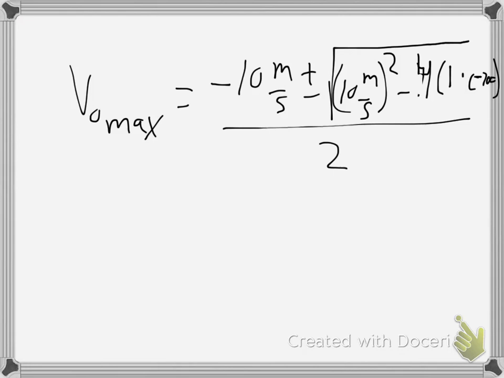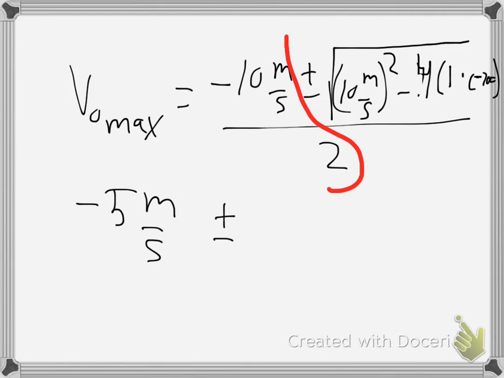Okay, so let's clean up. I can just say minus 5 meters per second, plus or minus, and then let's look at this radical. 10 squared is 100, and then minus 4 times negative 700 would be plus 2800. So we're going to have the square root of 2900, and then we still have our over 2 here.